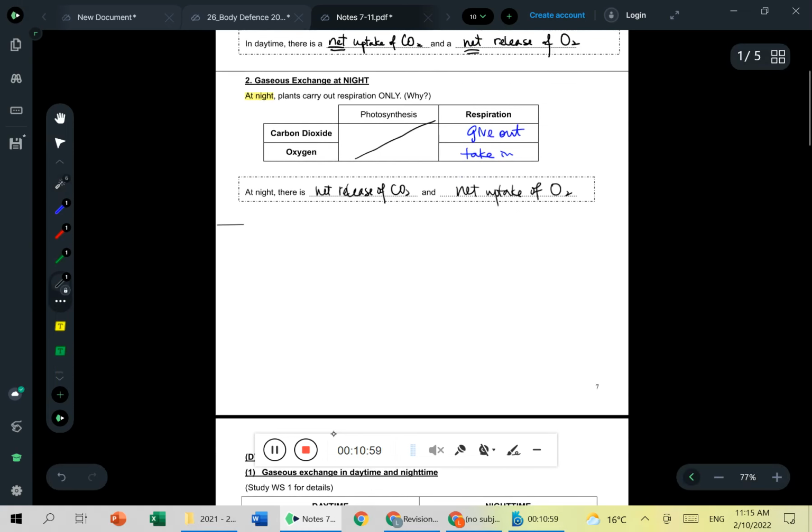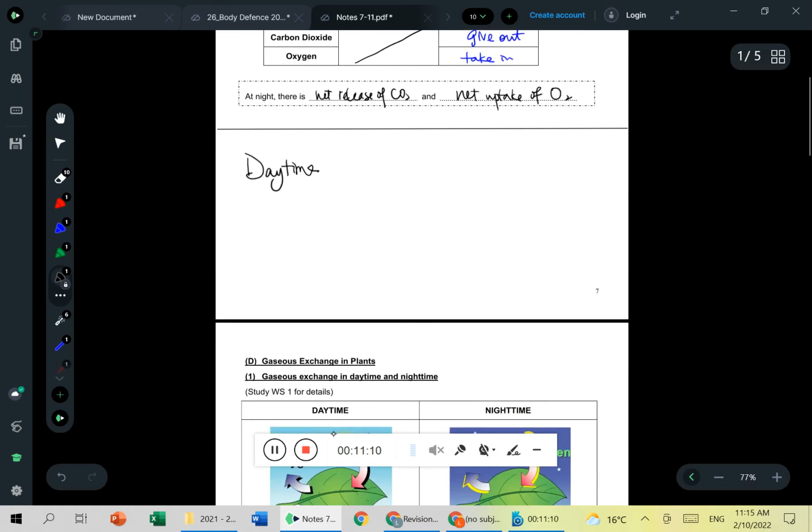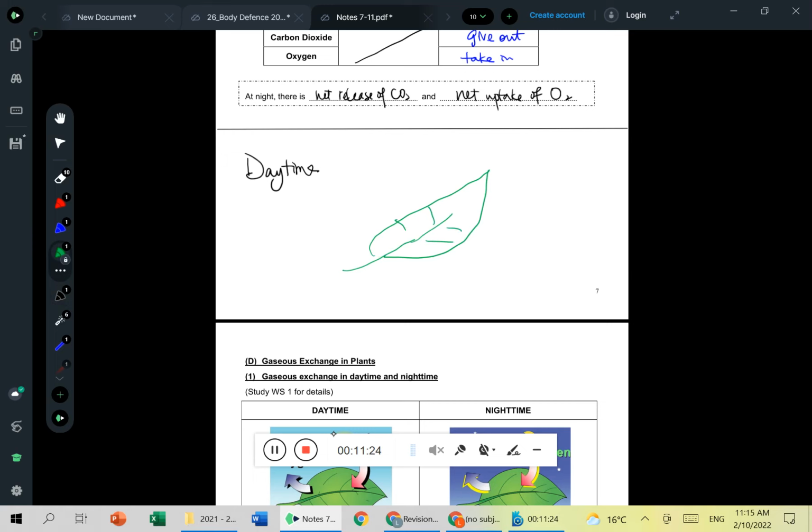I can also consider that in another way. So let me show you how I consider the events in the daytime in another way, so that in your future notes, when you analyze graphs like that, it will be easier. So let's use CO2 as an example.